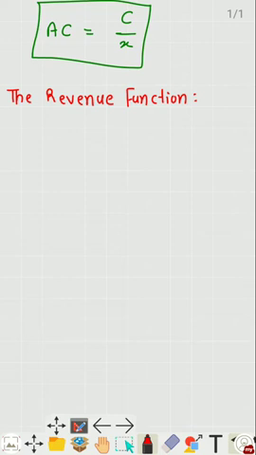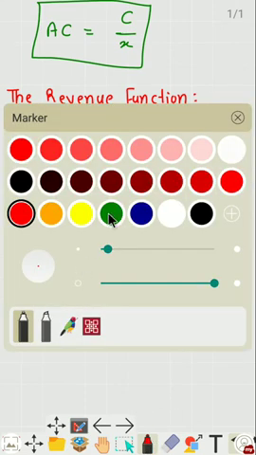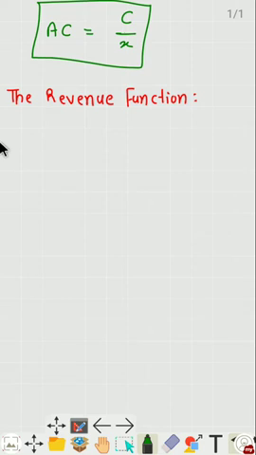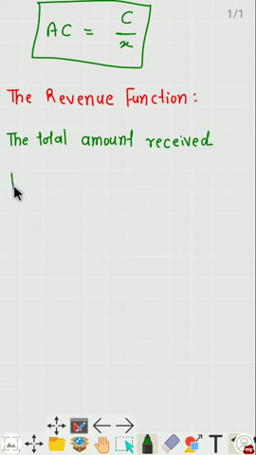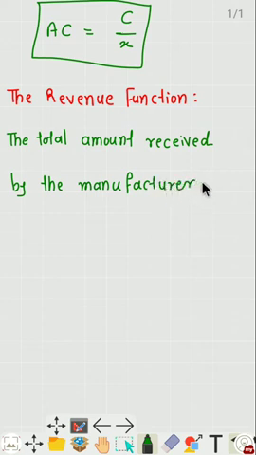So we write here, the total revenue is the total amount received by the manufacturer when x items are sold.